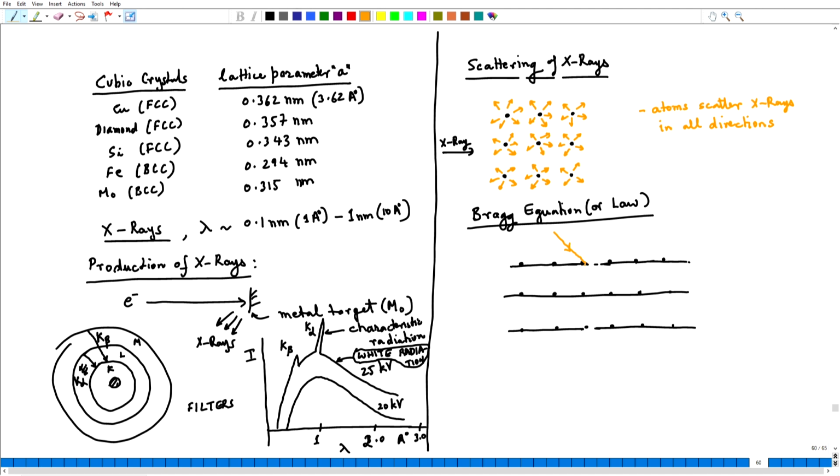Let us say it gets scattered by this particular atom in some direction, and similarly the other atoms on the same plane will also be scattering X-rays in different directions, but we are looking at some specific direction. We can consider the second row of atoms.